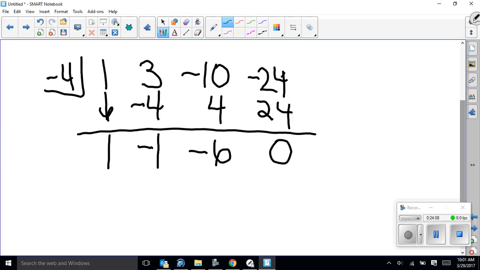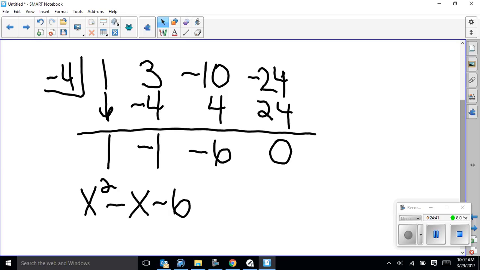So this is x squared. So we have x squared minus x minus 6. So when we divide x cubed plus 3x squared minus 10x minus 24 by x plus 4, we get x squared minus x minus 6. And there's no remainder. And that's it.